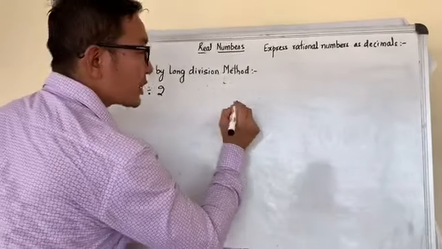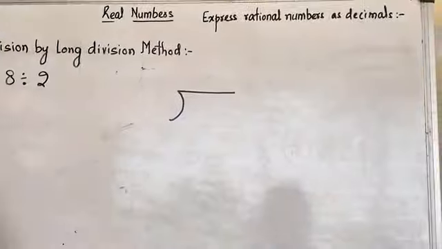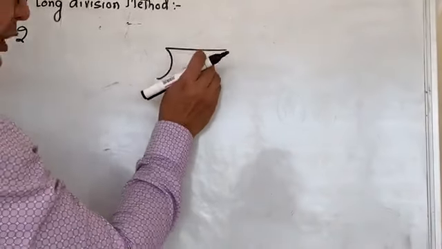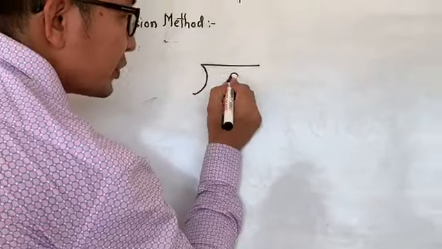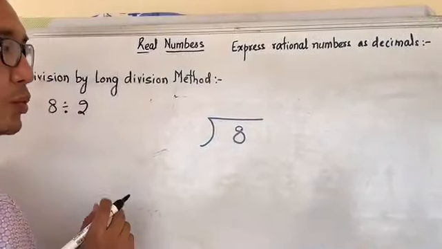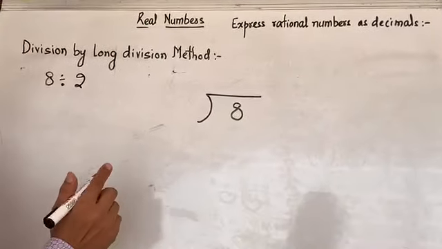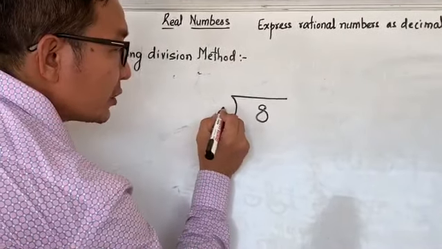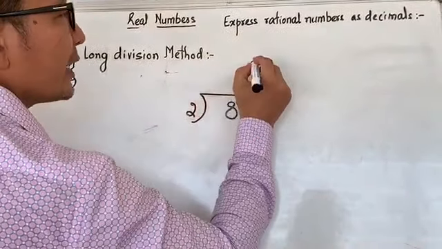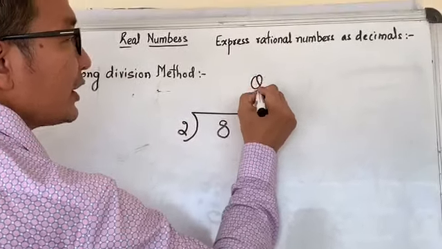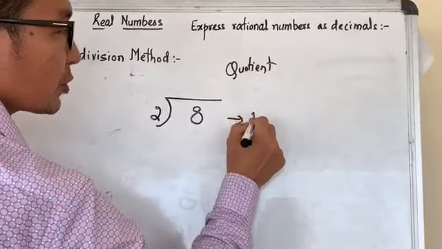In long division, a simple division sample, we have the divisor and the dividend. The answer is the quotient, and then the dividend.